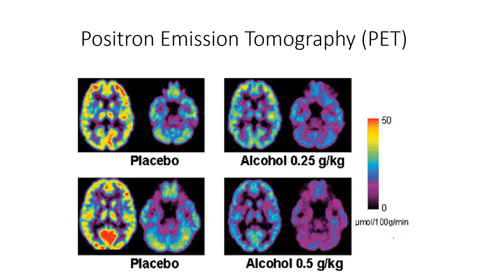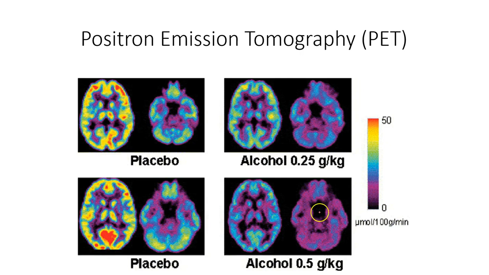If you're interested, for example, in studying what alcohol does to the brain, you can use something called positron emission tomography, or PET. What they do is they administer radioactive substances that don't last very long, and then a computer scans the brain for radioactivity, and you can see what brain areas are most active.